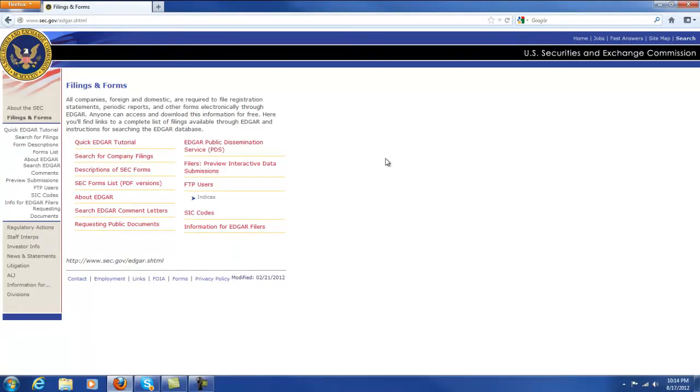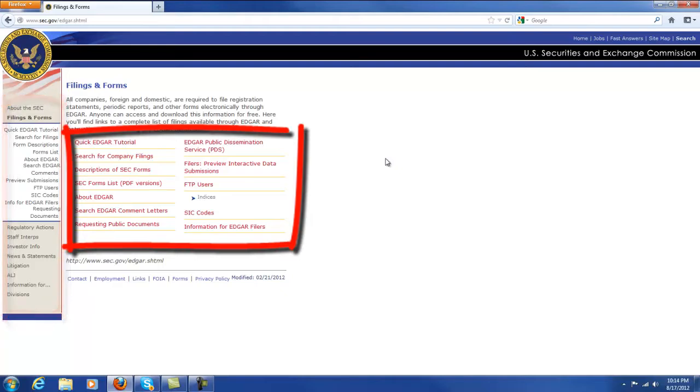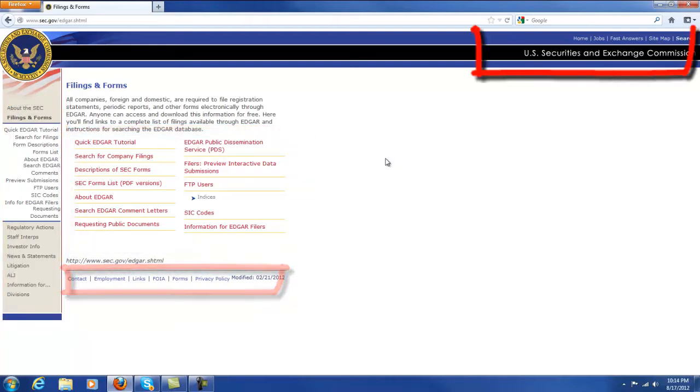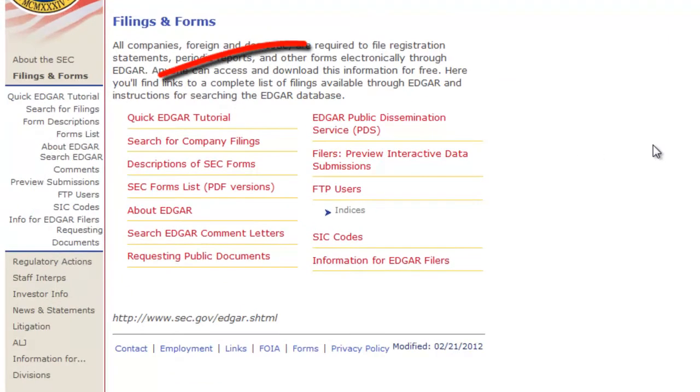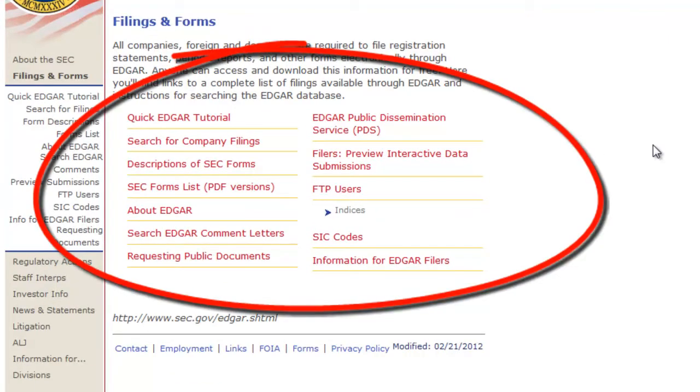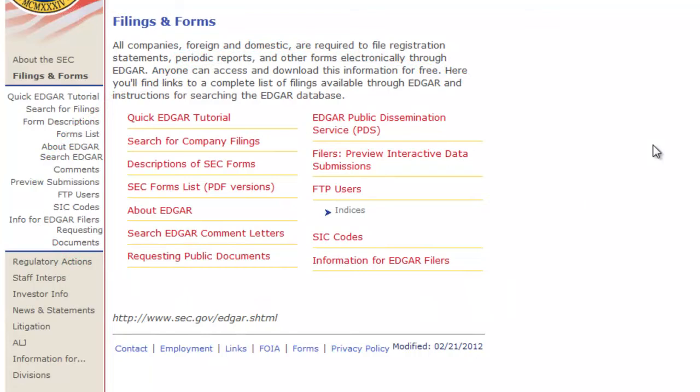So this is the main website for Edgar, and as you can see, you have some options on the left, middle, bottom, and top right corner. For our purposes, let's focus on the choices in the middle. I'm going to briefly discuss each option, but the one that you will be accessing the most is the search for company filings. Let's start at the top.